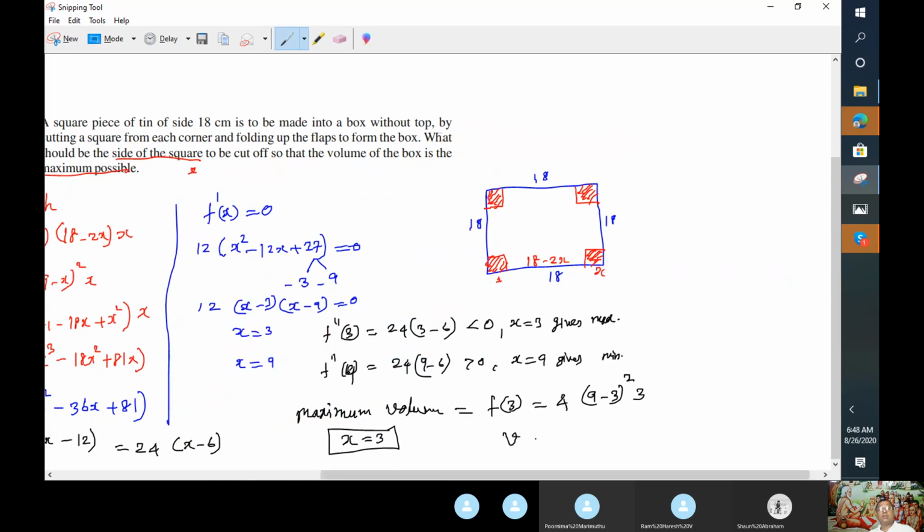With the cubic centimeter, you can write this is 4, 9 minus 3 is 6, 6 6s are 36, into 3. Now 4 into 36.